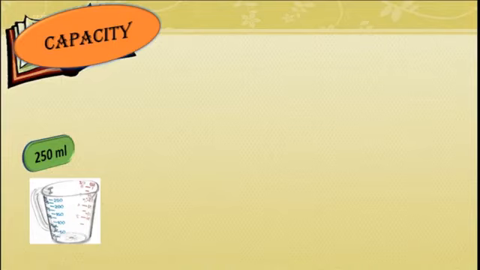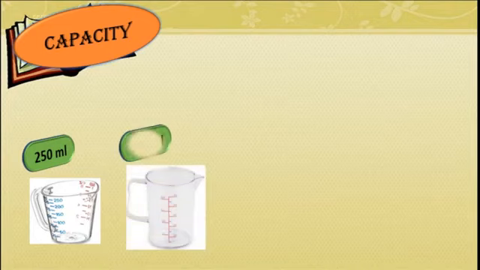We will study capacity in detail. Now see this. This is a measure of 250 ml. What is the capacity of this measure or jug? Yes, it has 250 ml capacity. See this. This has the capacity of 500 ml.